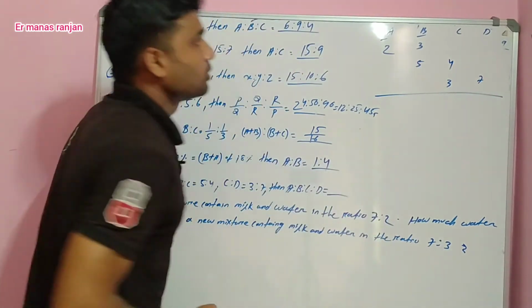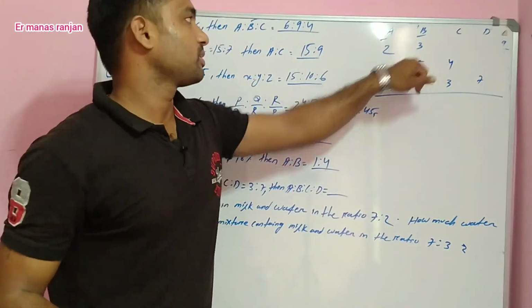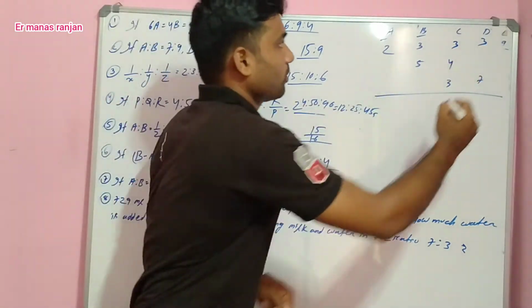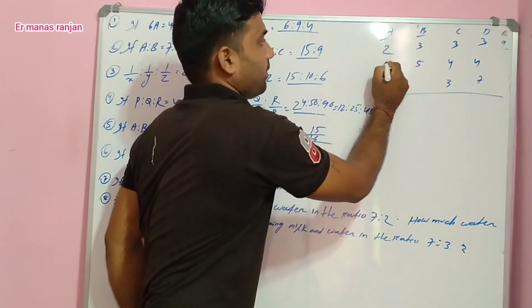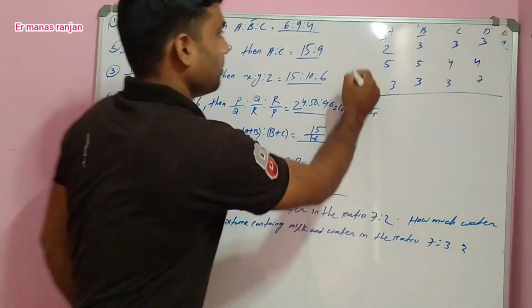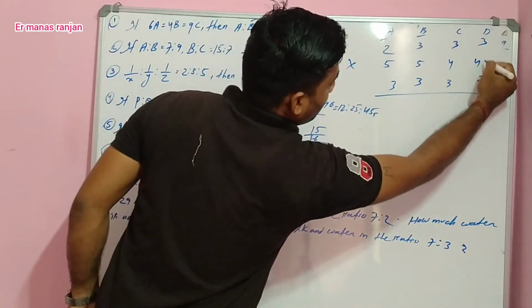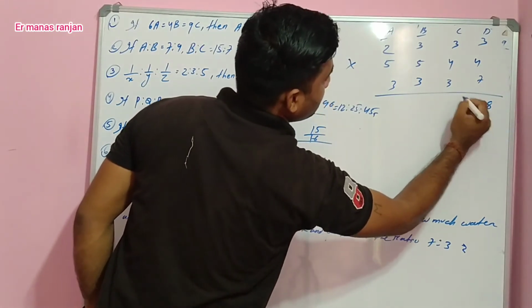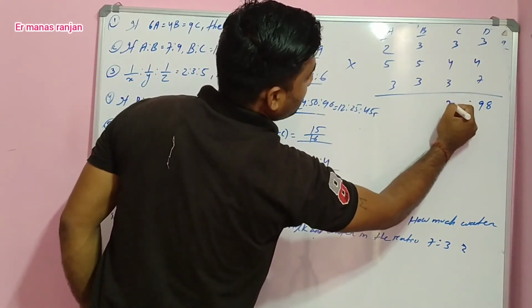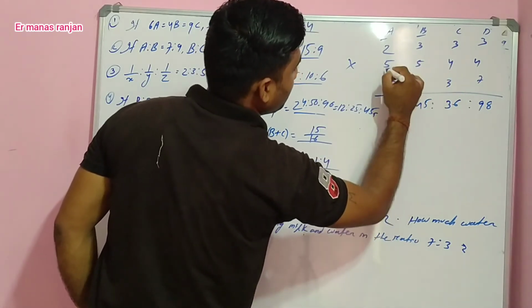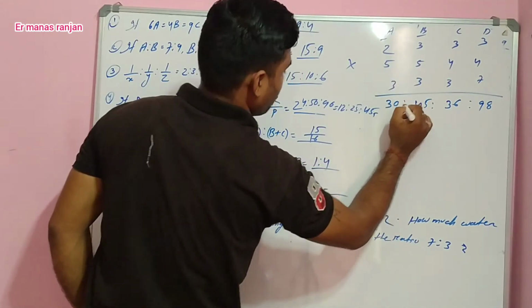So the last number is 3, so fill C, D with 3. Here is 4, 4. Here the last digit is 5, 5. Here the last digit is 3, so 3, 3. Multiply all. It will be 30, 45, 36, 28.